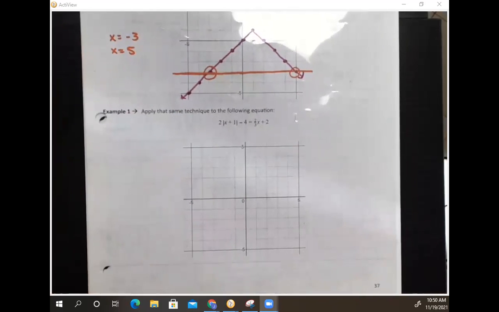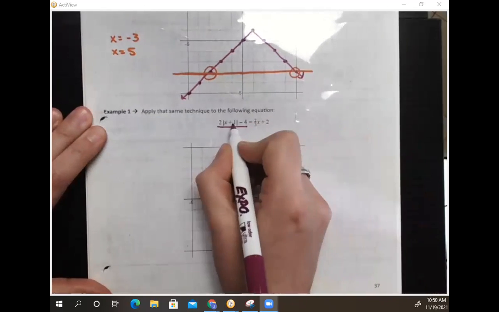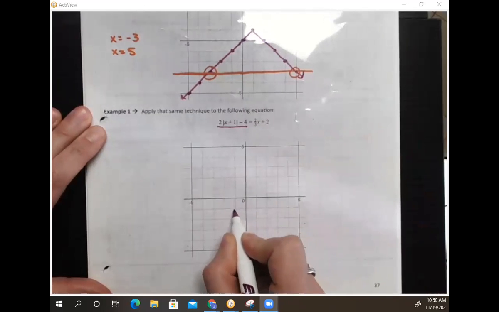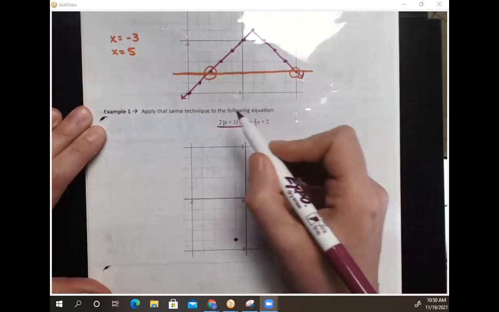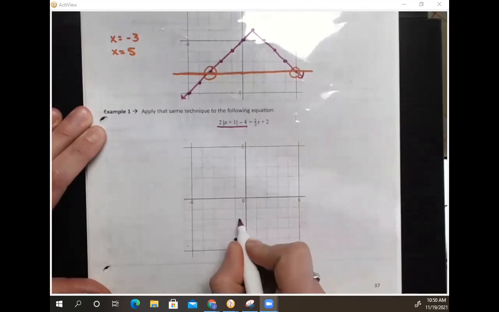We're going to start by graphing what's on the left, which is that absolute value equation. I'm going to move left 1 and down 4. So left 1, down 1, 2, 3, 4. There's my corner. And then that 2 in front tells me the slope of my sides is going to be 2. So up 2 and out 1 on either side.